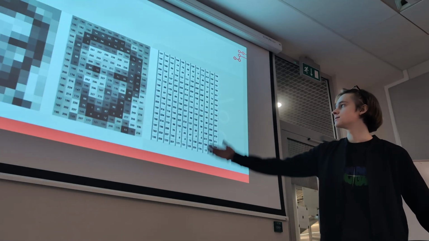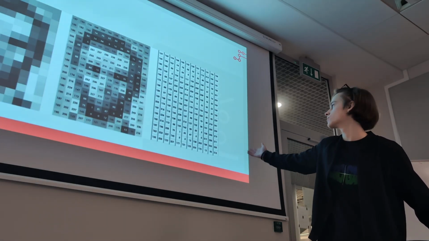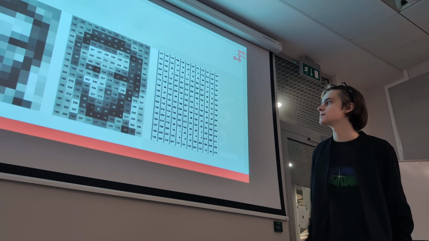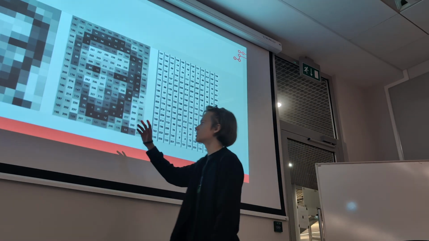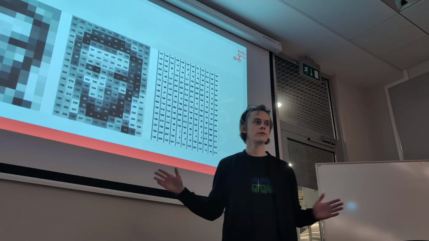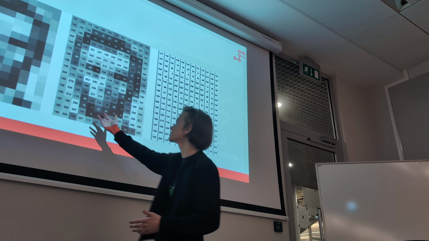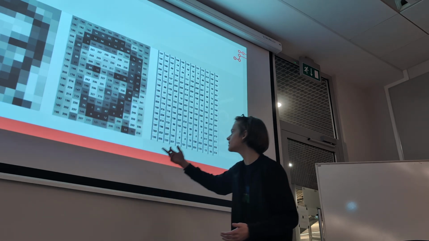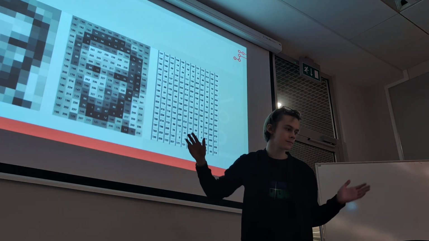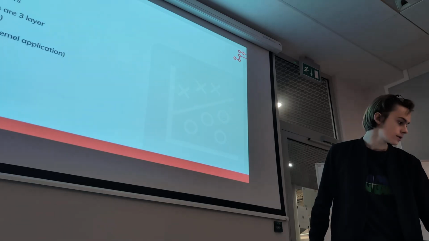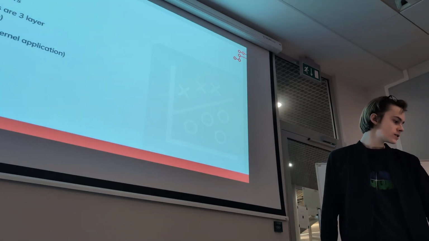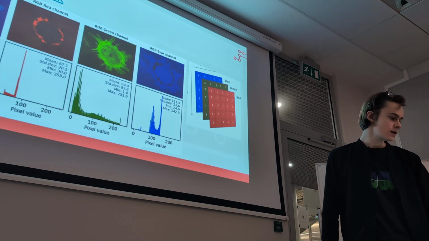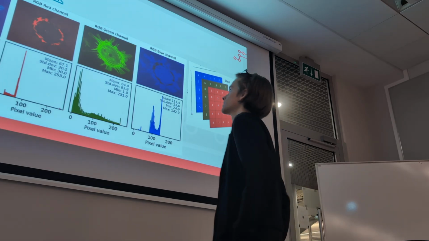We have a scale from 0 to 255, where 0 is black, 255 is white, and on that scale we have some gray colors. I think it's basic knowledge. Color images are 3-layer matrices. This is the example.